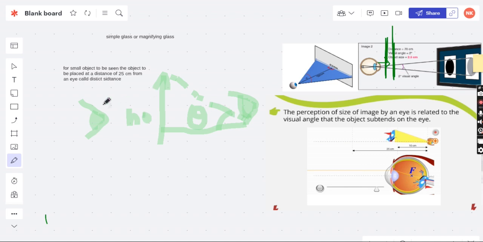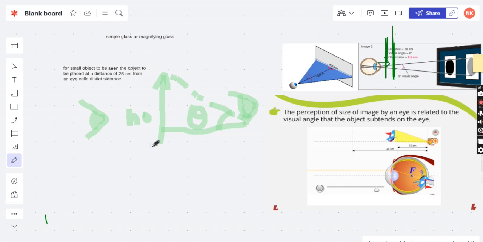So the height of an object relates to the visual angle. The angle subtended by an object on the eye is known as the visual angle. Right.